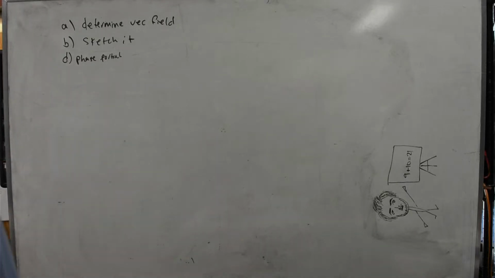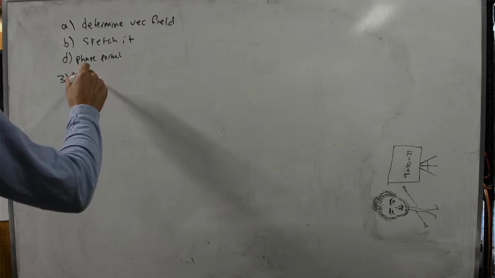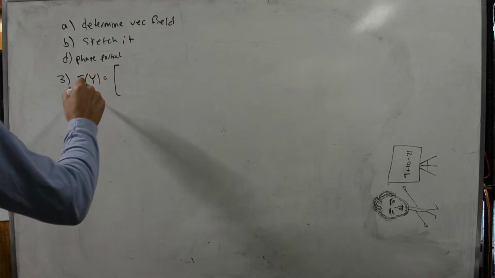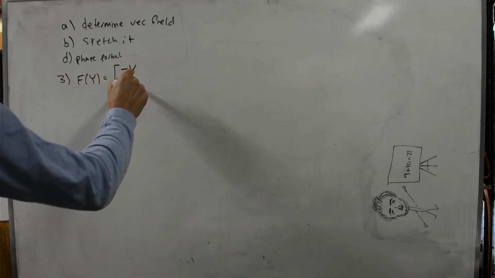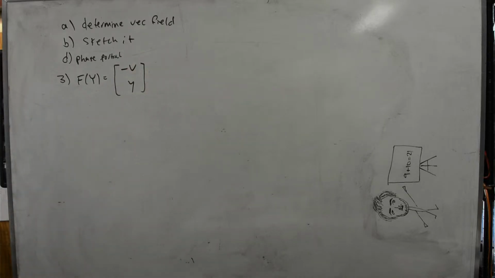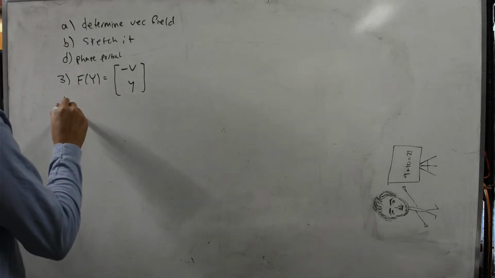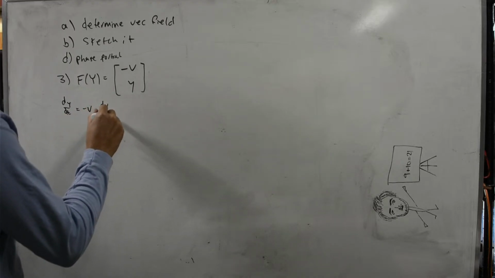Okay, problem 3 is... okay, so what does this mean? This means that dy/dt is equal to minus v and dv/dt is equal to y.